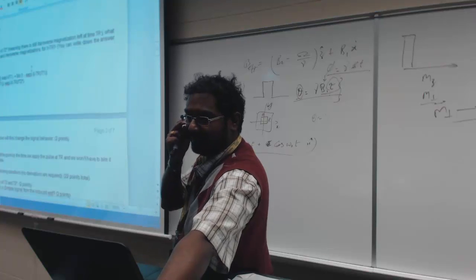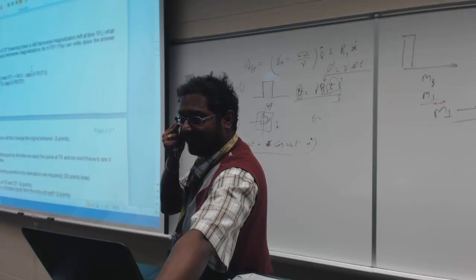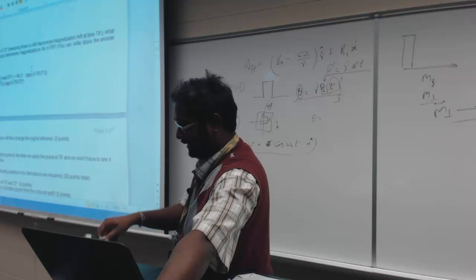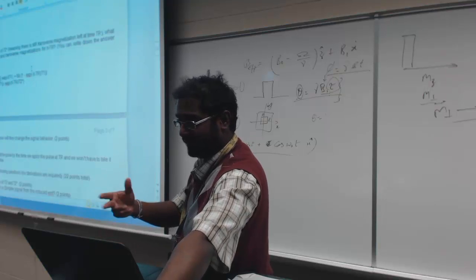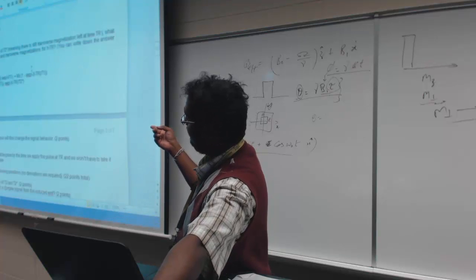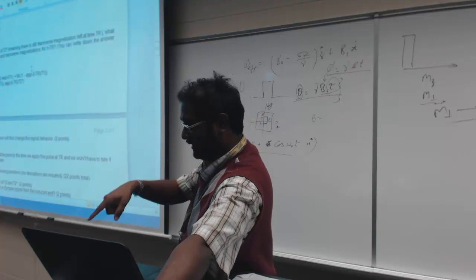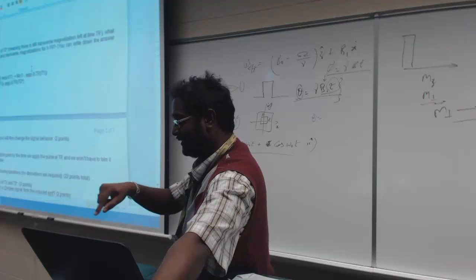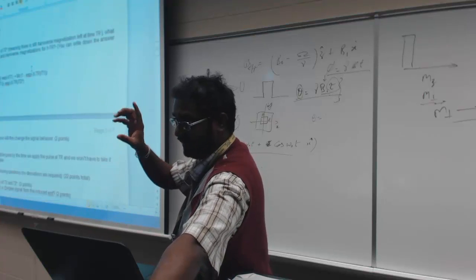I think most of you, if you realized it, started deriving it properly. But there is a common mistake, and I see it in at least one of the papers, which is that difference.